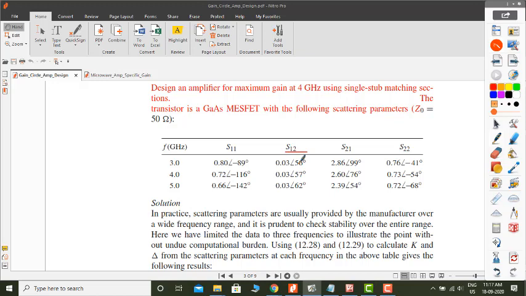Whereas in this design, the S12 value is not 0, but has a finite value of 0.03 at the 3 different frequencies of 3, 4 and 5 gigahertz. Since S12 is not equal to 0, the given device is a bilateral device.